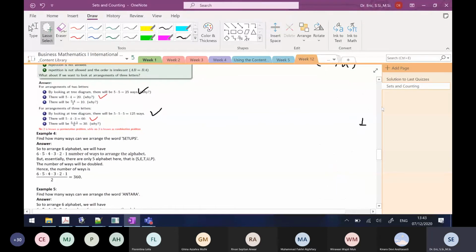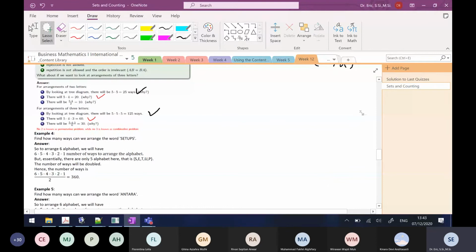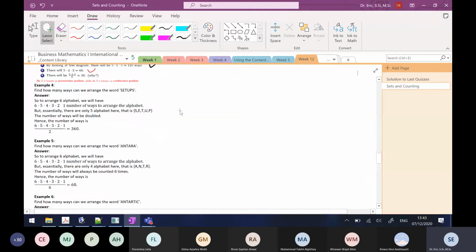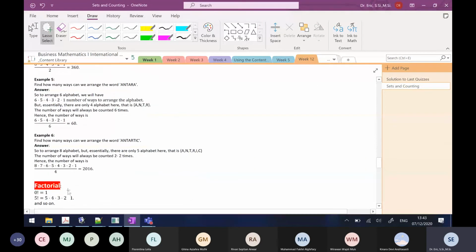So as you have already known, we define what we mean by factorial. Factorial is just the multiplication until it gets to 1. So 5 factorial is 5 times 4 times 3 times 2 times 1.